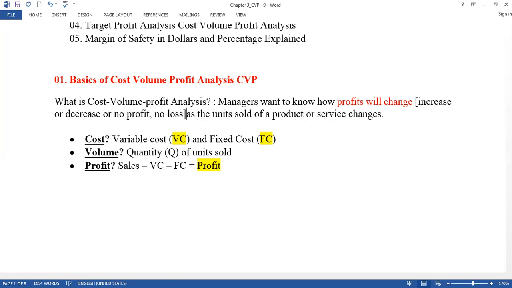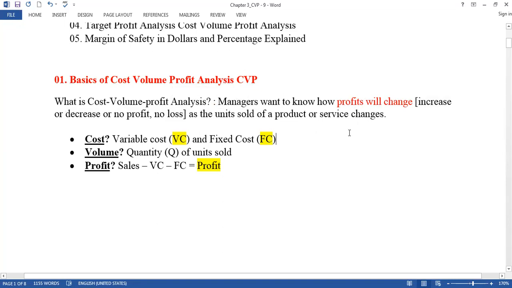You may have this question in your mind, whether you will have higher profit, lower profit, or no profit, no loss. If you want to know this, then cost, volume, and profit analysis will help you to do this.